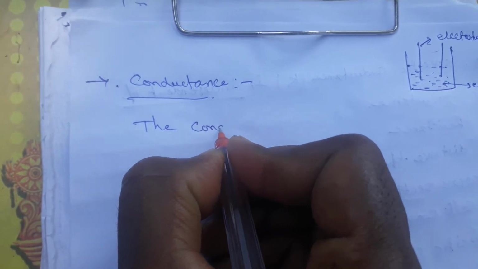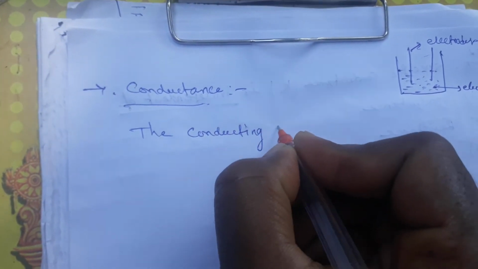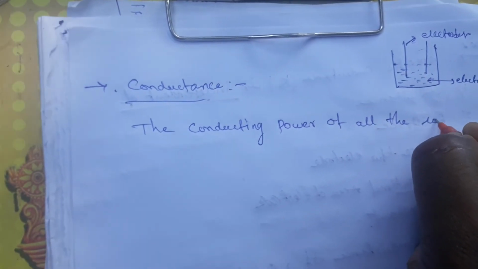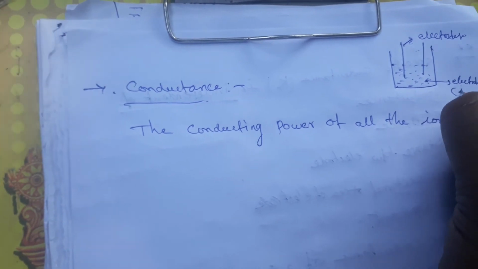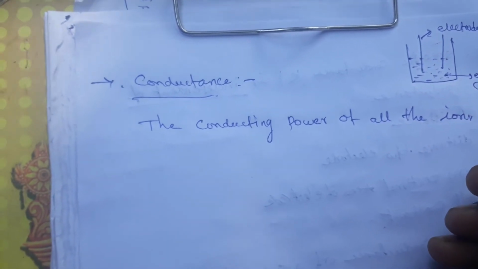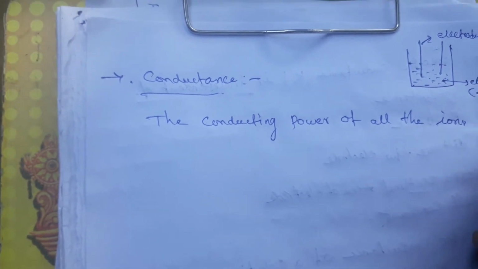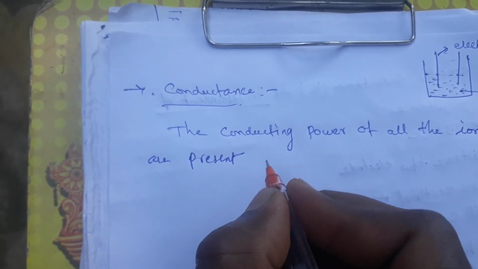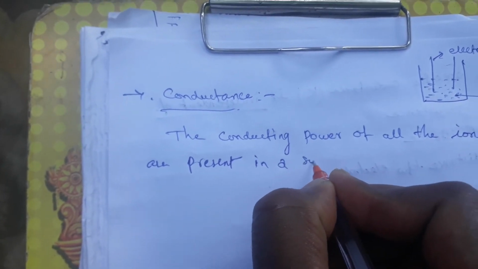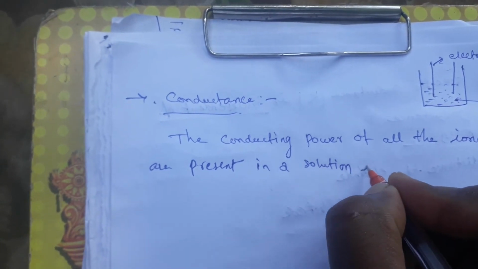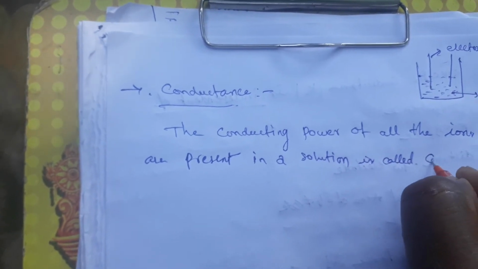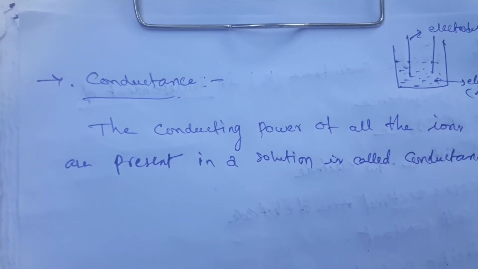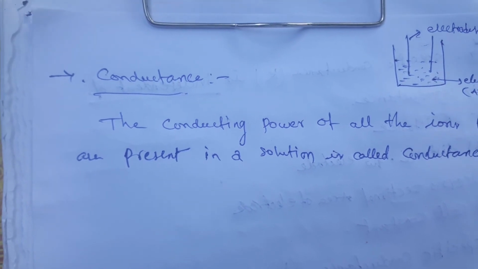The electrolyte contains some ions, A plus and B minus, present in a solution. So the conducting power of all the ions that are present in a solution is called conductance.